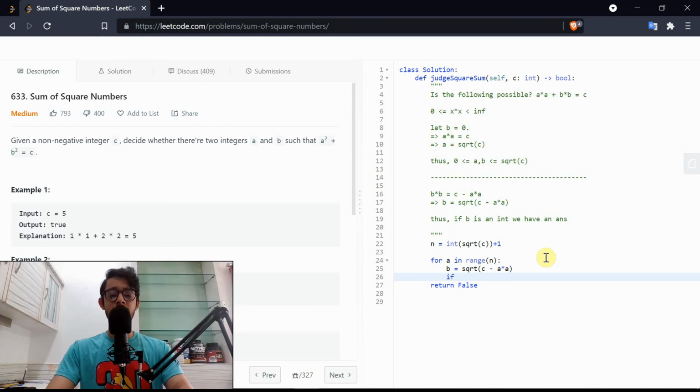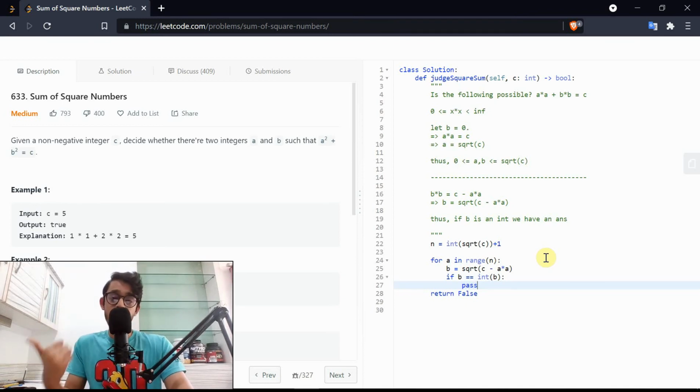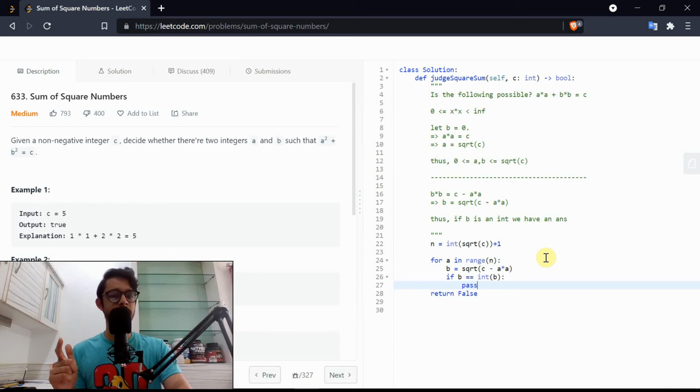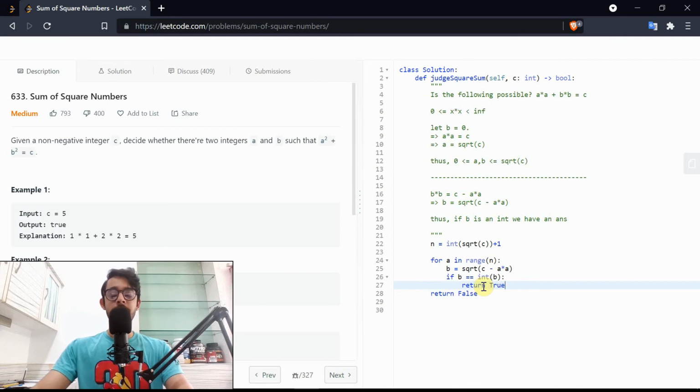Is the b the same as the integer of b? We already know a is an integer, but if b is also an integer in the above computation, at that point of time you can return true, because we have found a valid case.